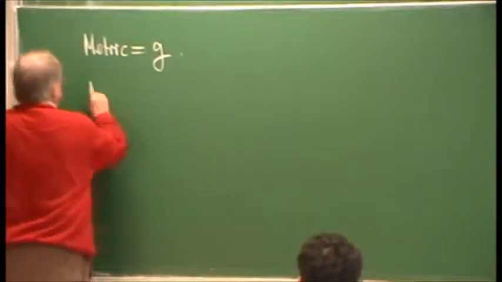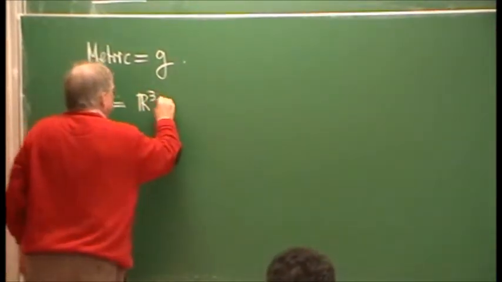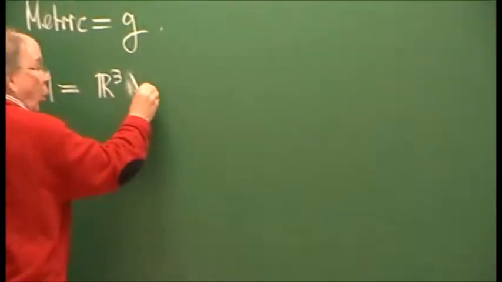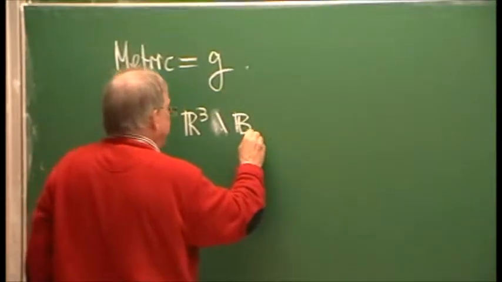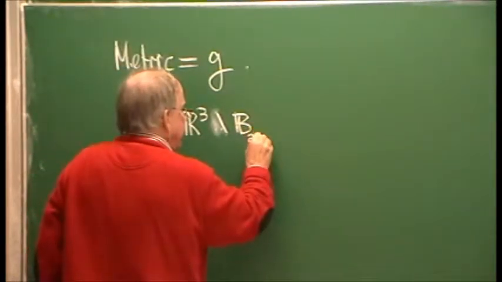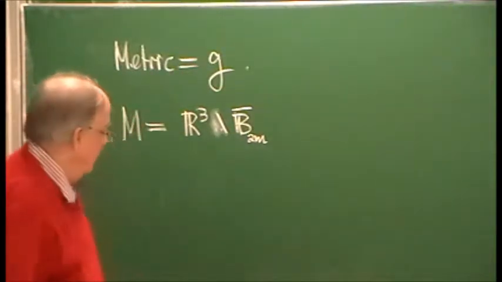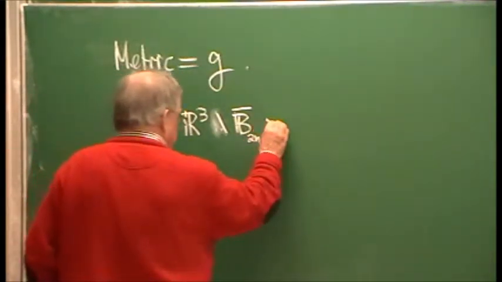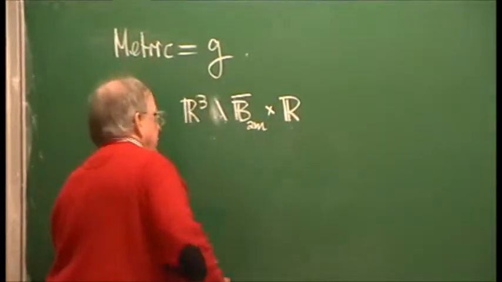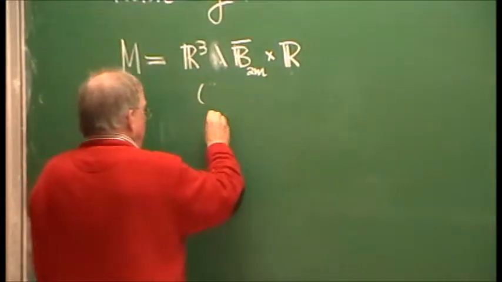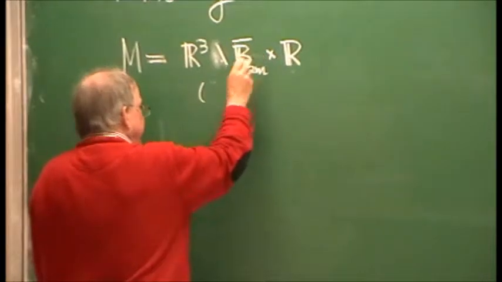And the space, the manifold in this case, is R3 minus a hole, and there's a reason to call this a hole. The usual normalization for this hole is a ball of radius 2m, closure. Okay. This is this times R. This is the time space, and here the variables will usually be written in some sort of spherical coordinates because the boundary of this thing is a sphere.